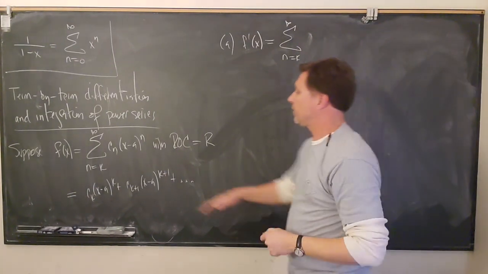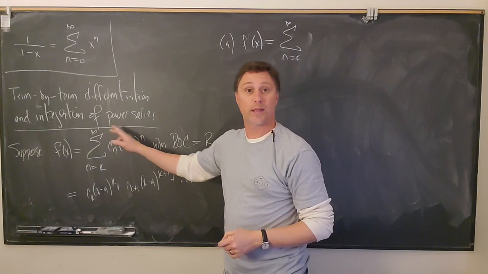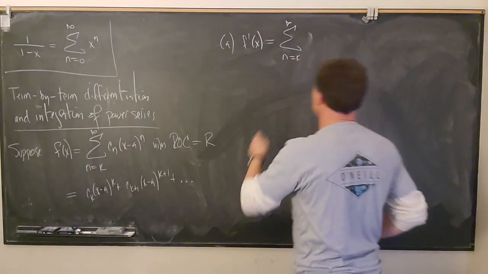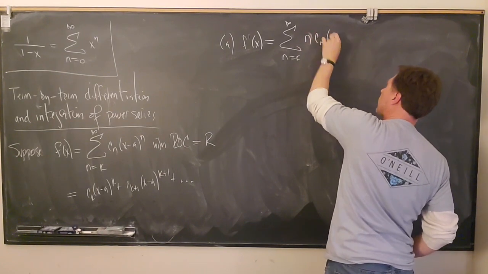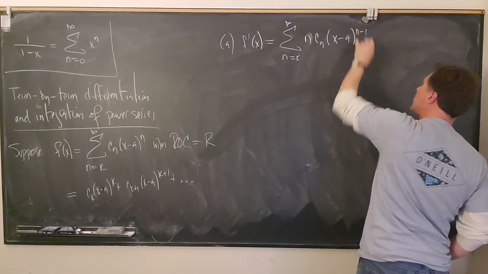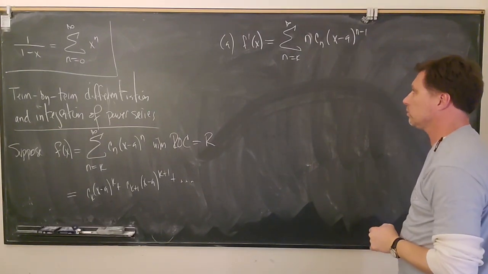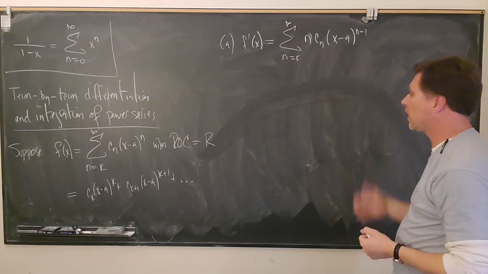If I'm taking the derivative, what do you do? If it was a polynomial, you'd bring the n down. So this will be n times c sub n times (x minus a) raised to the n minus 1.